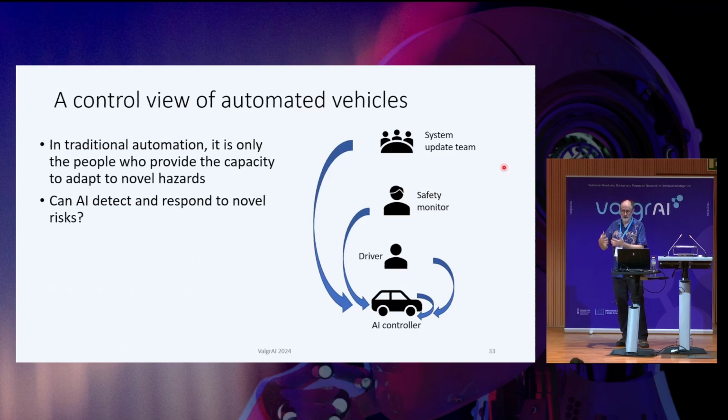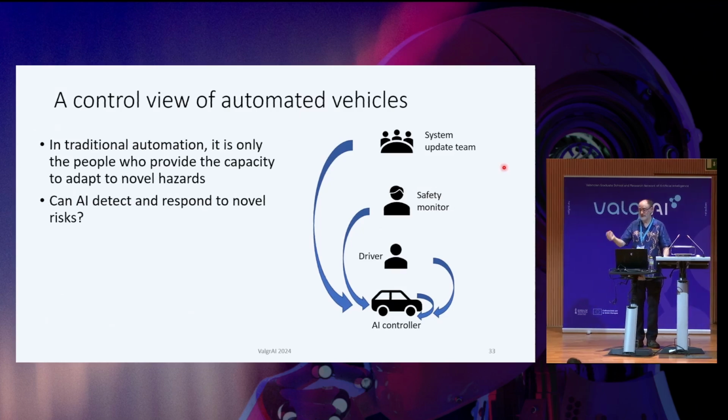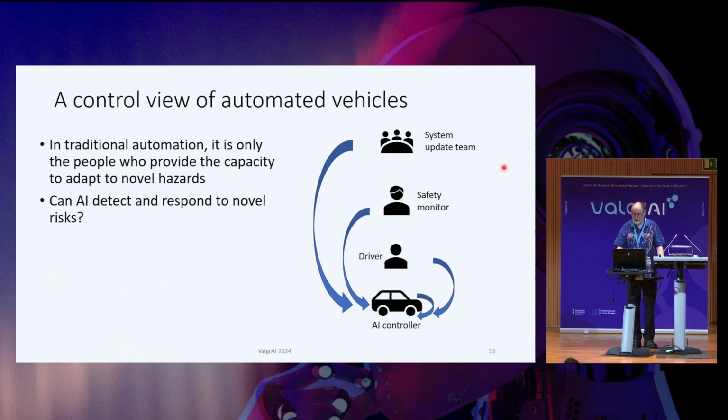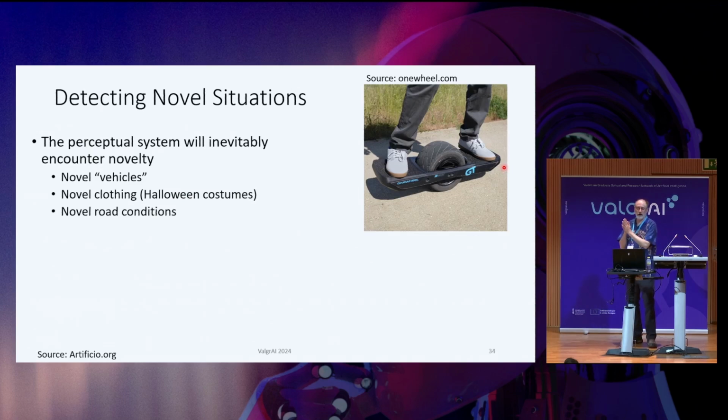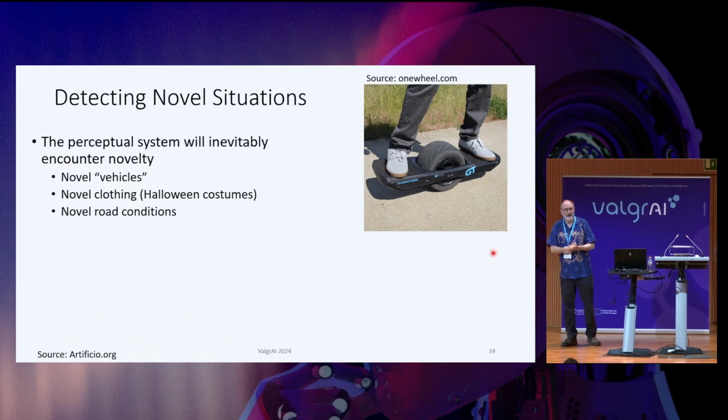But when we think about AI technology advancing, can we detect and respond to novel risks, at least with some automated support? One thing I've worked on in my lab a lot is detecting novel situations. The perceptual system will inevitably encounter novelty. My favorite example is the OneWheel, a kind of motorized skateboard that people ride.